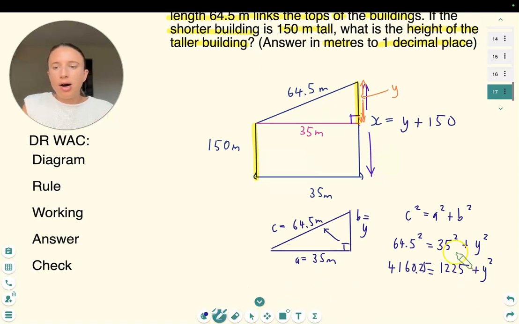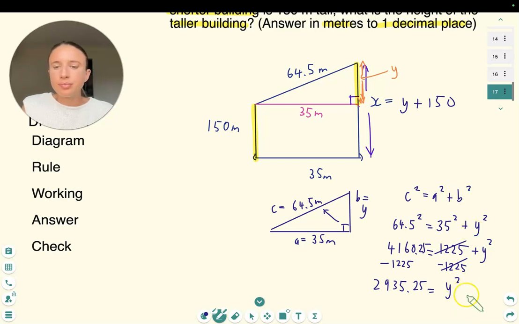Now I'm going to remove what's furthest away from that y term. It's the 1225. So I'm going to subtract 1225 from both sides. That's going to cancel there. We'll be left with y squared. 4160.25 take 1225 is 2935.25.